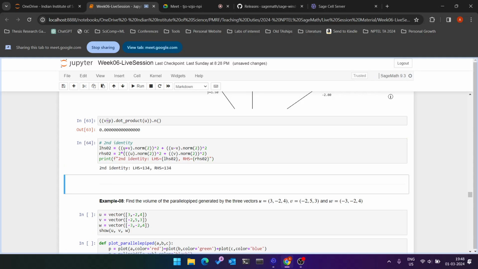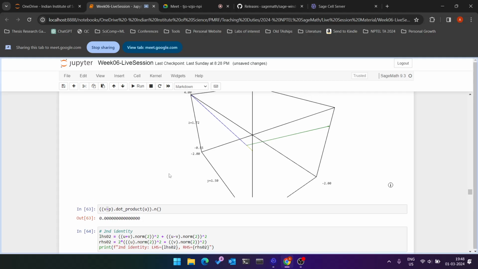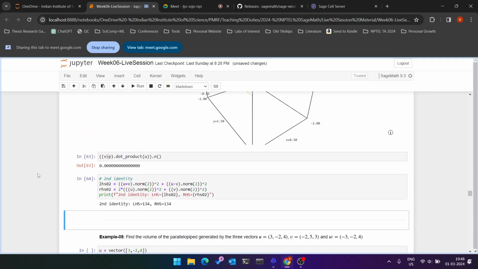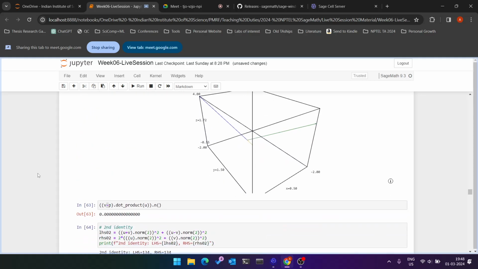If I run this print statement, I get LHS and RHS both equaling 134. Okay, so this is what we get here.